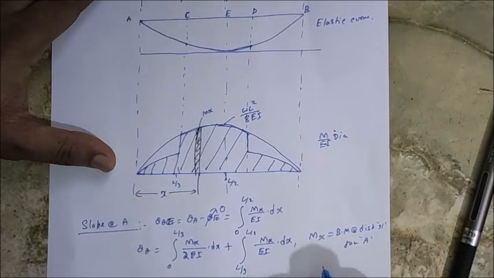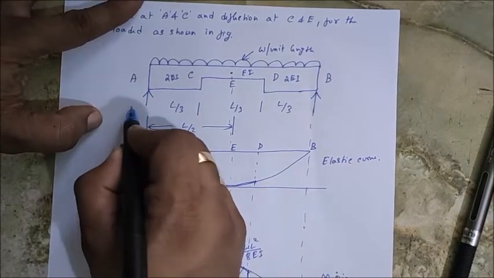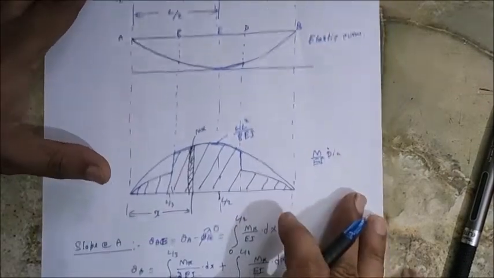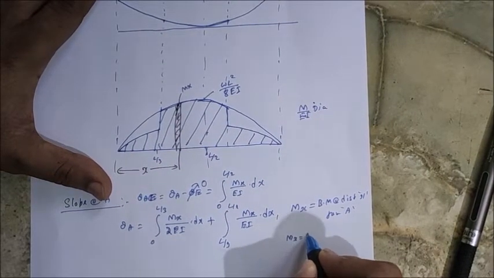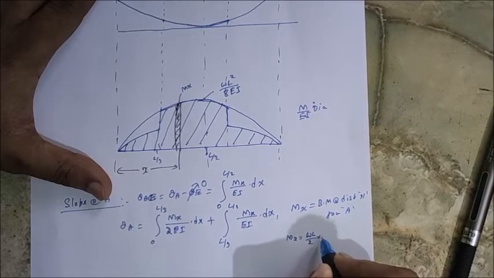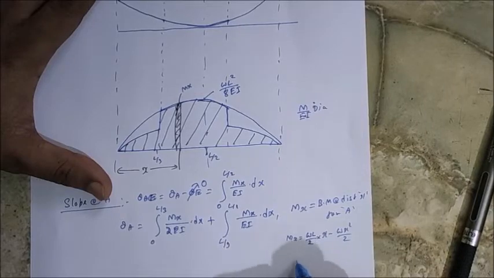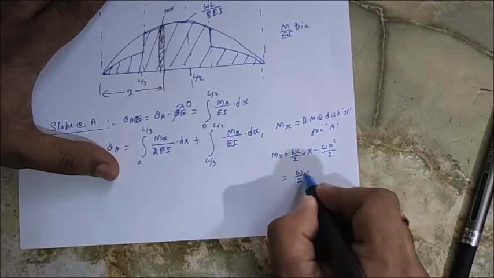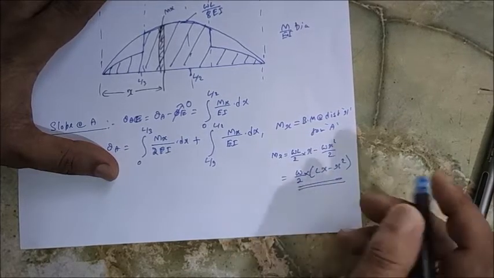We already calculated that VA is wL by 2, so Mx is equal to wL by 2 into x minus wx square by 2. You can simplify it. W by 2 is common, so w by 2 into (Lx minus x square) is Mx.